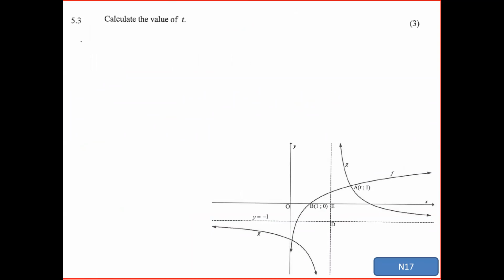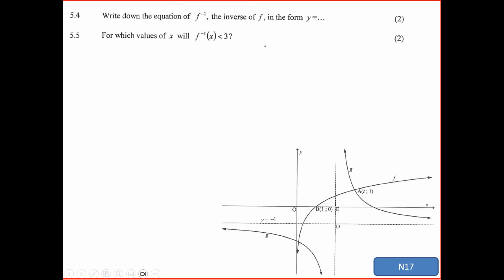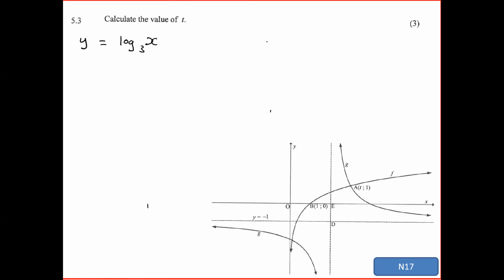So just to get you started, we can use either y equal to log x base 3, or the one we just found, which is your g of x equation.